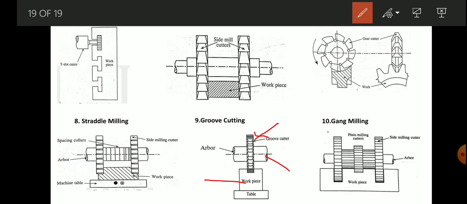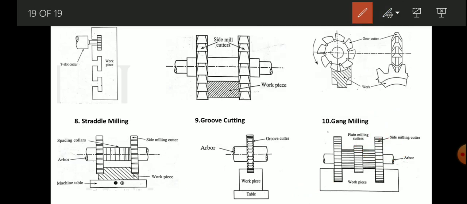Now the last one is gang milling. Gang milling consists of a number of different cutters. Here we can see a side milling cutter and a plane milling cutter spaced by a collar, and it has a workpiece, and the cutters are placed on the arbor.